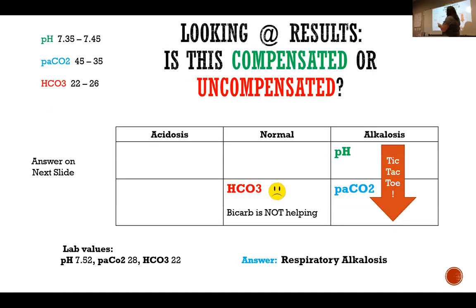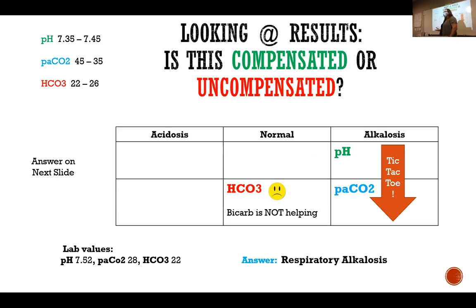Okay, looking at the results of these lab values that we just had, we had our tic-tac-toe. We know we have respiratory alkalosis. Now we have to decide if it's compensated or uncompensated, right? So, is bicarb helping? No, because it's in the normal range.